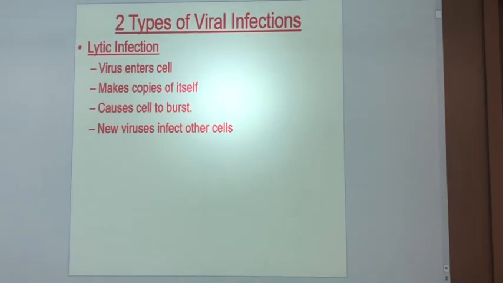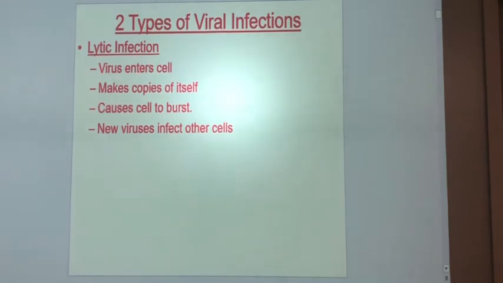Let's go through the two different types of viral infections. Again, just listen as we go through, and then I'll give you some time, or you can simply pause the video and write down the information. So, two types of viral infections. I've already mentioned this, the lytic and the lysogenic viral infections. Lytic infection.